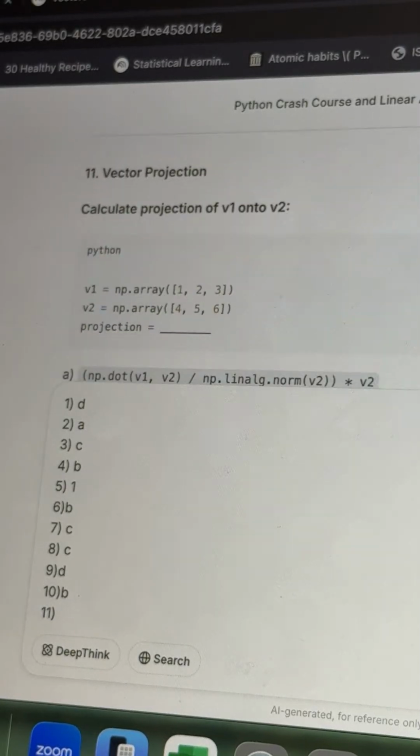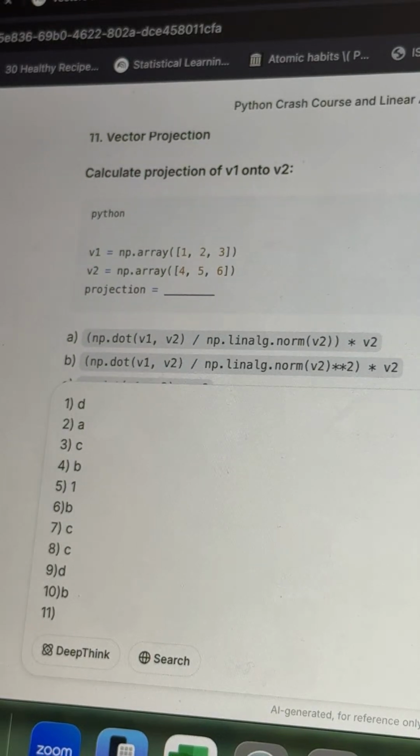Continue on. Vector projection. This function here is definitely for the magnitude because I remember in the projection formula, the denominator has to be magnitude, and then the top has to be the dot product of these two vectors.